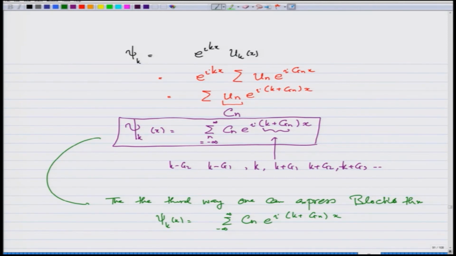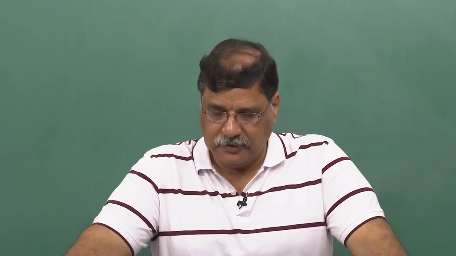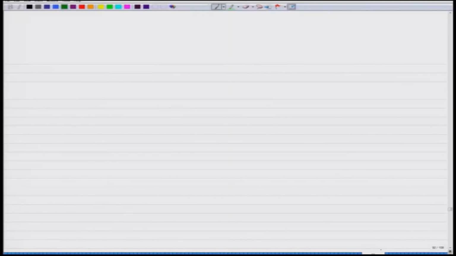And this form is useful in writing the equation for the C_n's and then from that getting the band structure. That is why I introduced this. So, I will just conclude this introduction to Bloch's theorem.